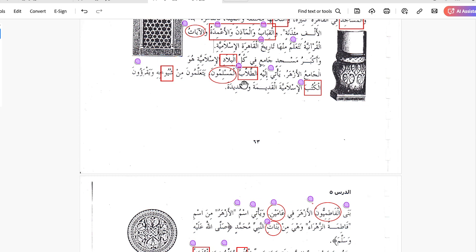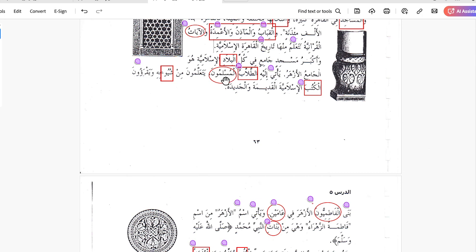At-Tullab is the fa'il here and is the broken plural for talibun, and it is marfu' because it is coming as a fa'il. So at-tullab, they come to it. Which tullab? Al-Muslimun, the Muslim students. They come here to study.